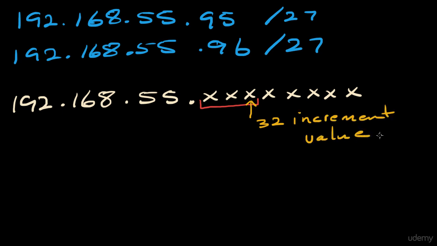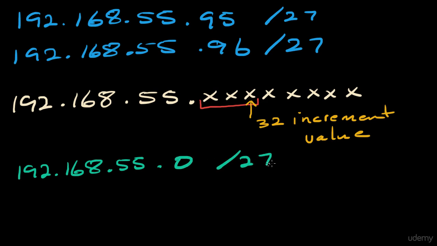What therefore were the network IDs? Well, the network IDs that they created were 192.168.55.0. This is with /27. This is where these 3 bits are all 0. I'll write out the rest here by just writing out the last octet. We're incrementing by 32.